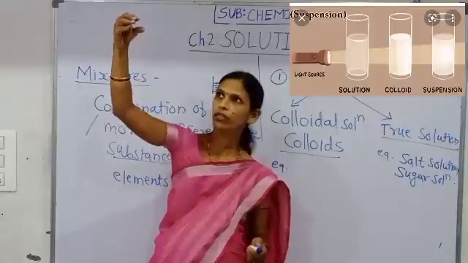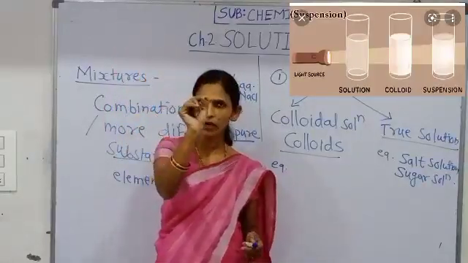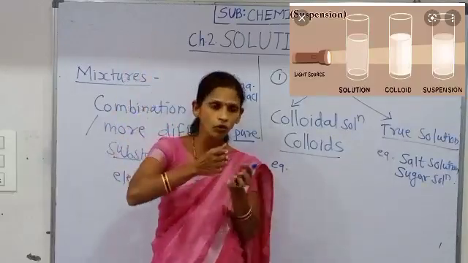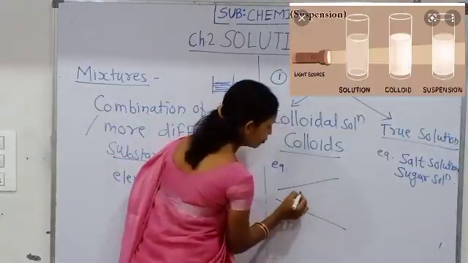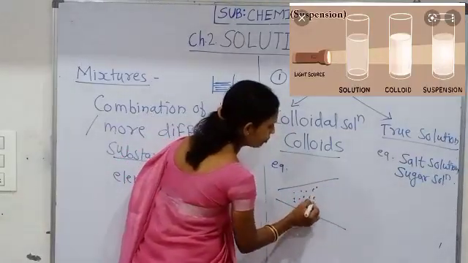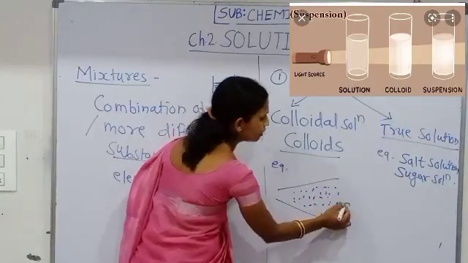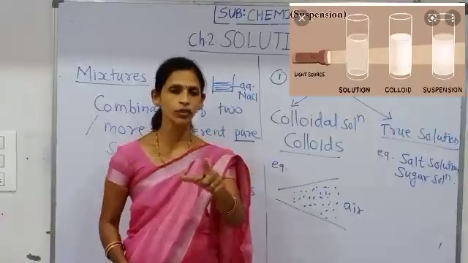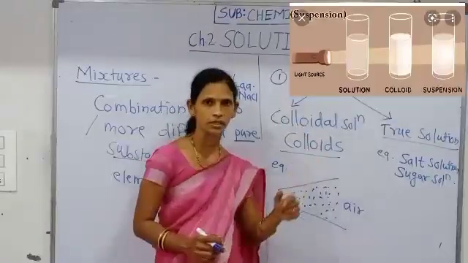When a beam of light enters a dark room, we can see small dust particles floating in that beam of light. That is, when the beam of light enters the room, we can find the small dust particles present in the air. And air is one of the colloidal solutions or colloidal mixtures.